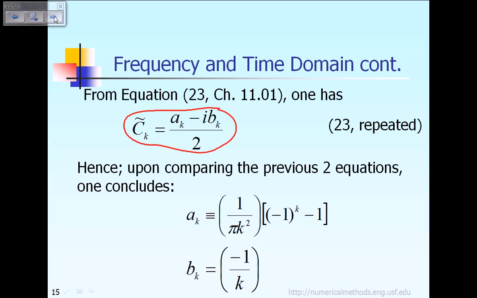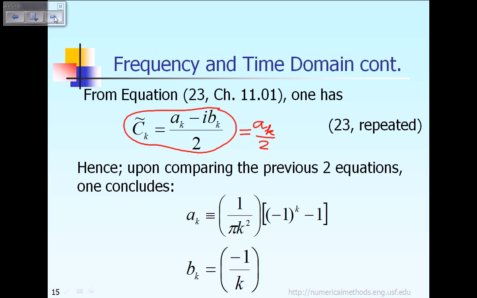So, if you look at equation 23, as you can see clearly, it has two components. The first component is the real part, which is equal to a sub k over 2. That is a real component.